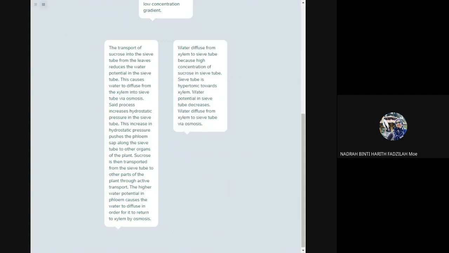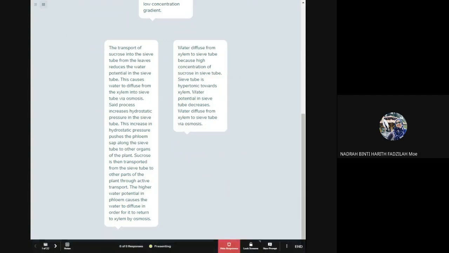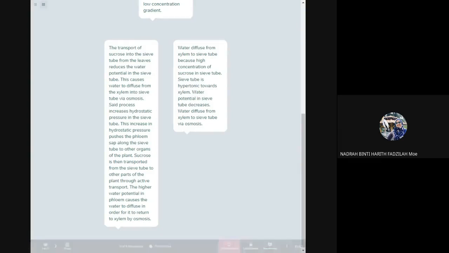Okay, kejap ya. Saya baca jawapan yang panjang yang kat bawah ni. Reduce water potential, causes water to diffuse xylem into sieve tube via osmosis. Increases, okay, sebab kamu nak sebut pasal formation of phloem sap ya. Bagus-bagus. Sebenarnya formation of phloem sap tu saya nak mention dekat the next step.